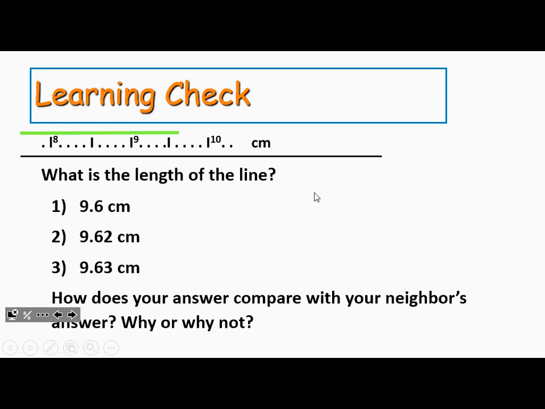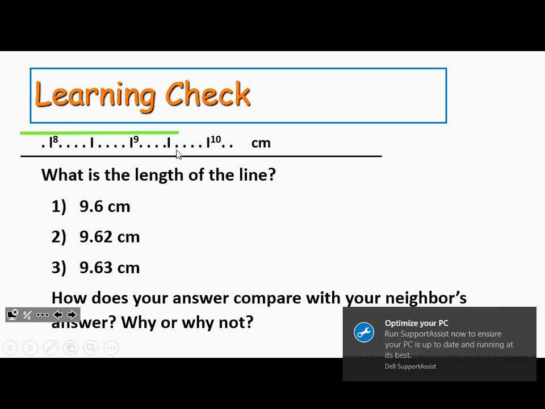Now let's look at this one right here. Same thing. I got that little green line. I got to get a little better angle at it. I know this is 9, right? I know it's 9.5. I know it's 9.6. Is it 9.7? Not yet. This looks to me like it's not even halfway in between.